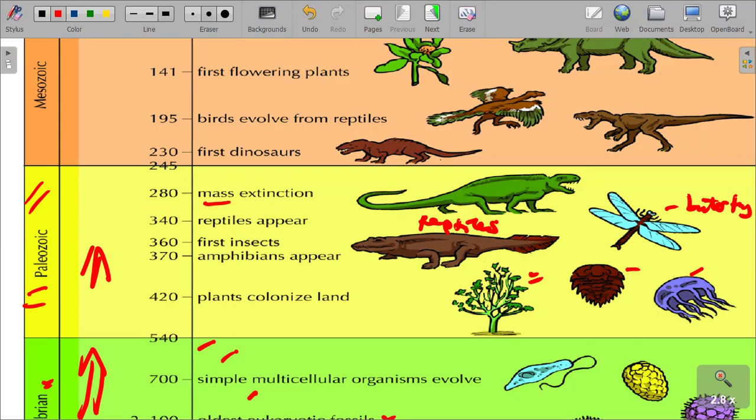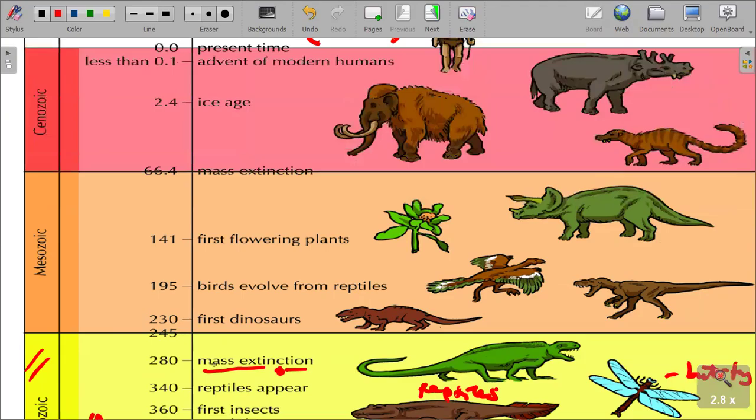And then we have got a mass extinction, when there was massive death of organisms, which includes both plants and animals, which happened 280 million years ago. So we also have the Mesozoic era, which has the first dinosaur, which occurred 230 million years ago.